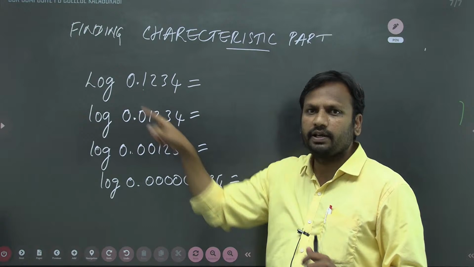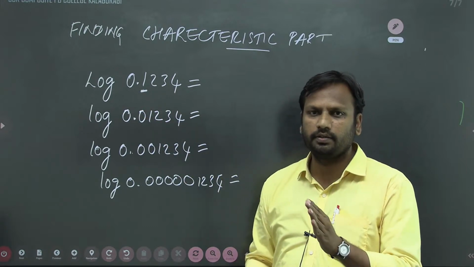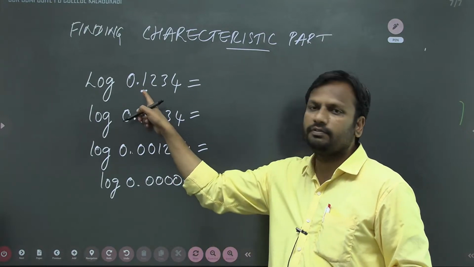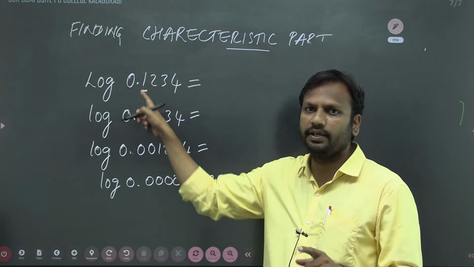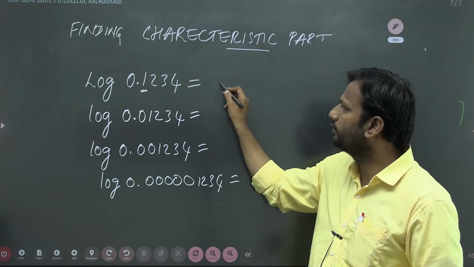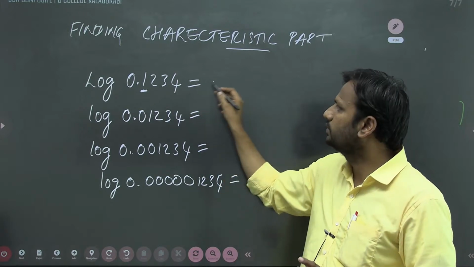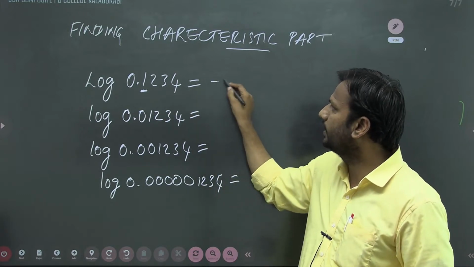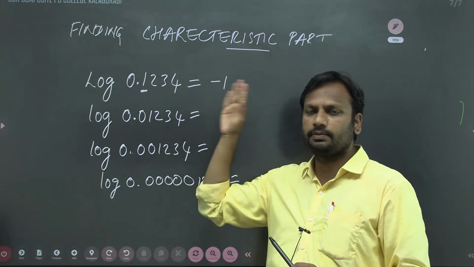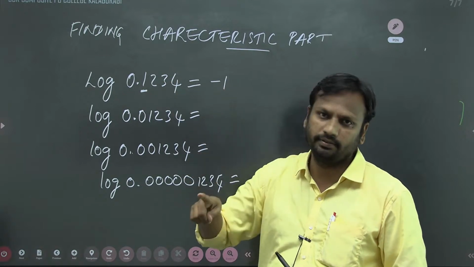The first significant figure is 1 itself, a non-zero quantity. So the position of the first significant figure is 1, right? So we have to move in the negative sense, so we write -1 there. Got it? After the decimal point, go for the first non-zero quantity.